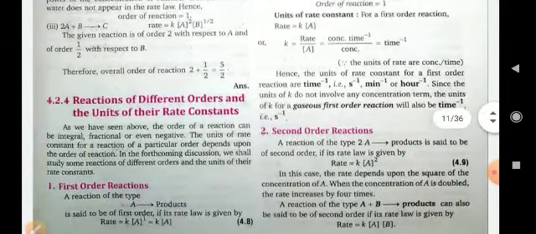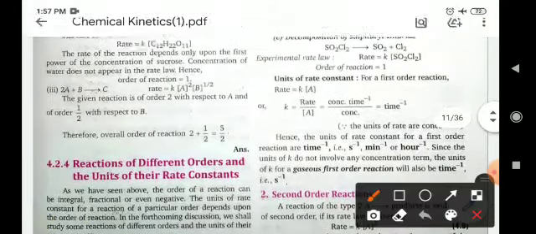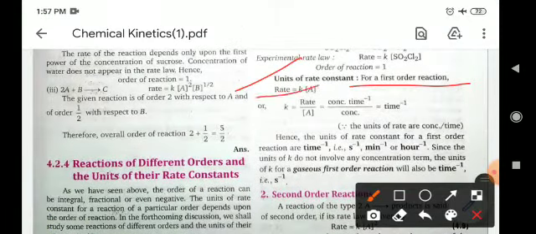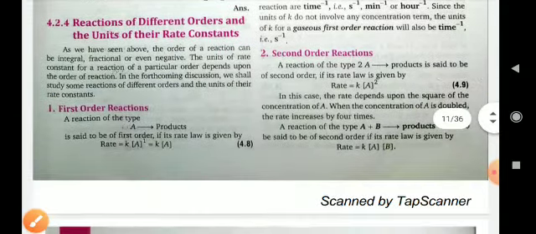Now come to the unit of rate constant. For the first order reaction, the rate constant k equals rate upon [A]. Rate means concentration per time, and [A] means the concentration of reactant, so concentration will be cancelled. So the unit of rate constant will be per time, time inverse.